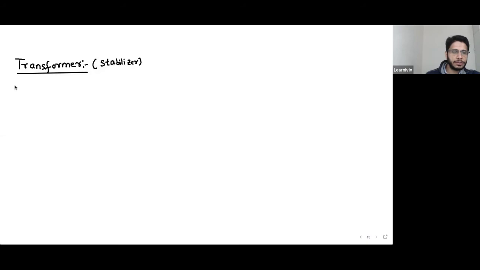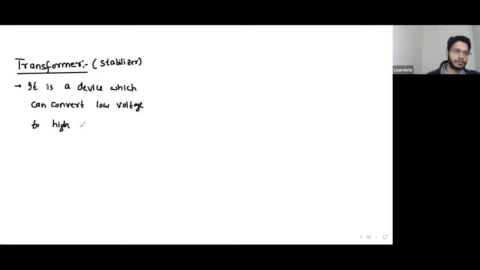So transformer, it is a device which can convert low voltage to high voltage by decreasing current.